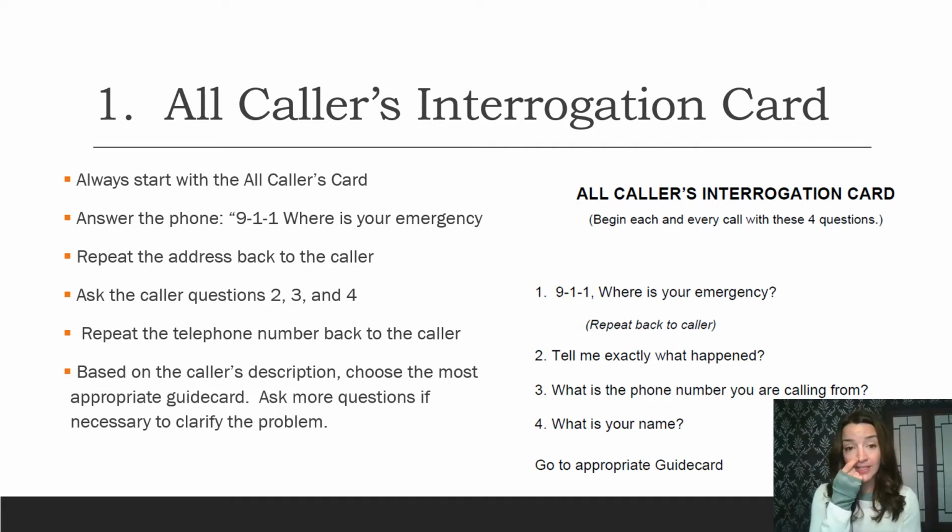So right out of the gates, it tells you that you answer the phone, 911, where is your emergency? So generally in 911 dispatch, you would answer an emergency 911 line with the agency name, so you identify your agency, and then you say, where is your emergency?